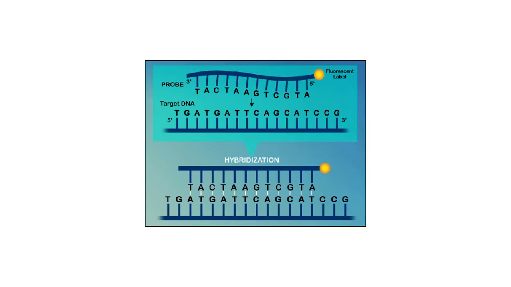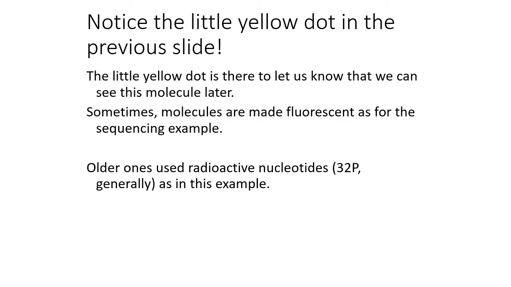We're going to get our target DNA and mix it with our probe, and the probe is going to find its complement in the solution or on a filter and hybridize to it, and then we'll be able to see where it went by looking for the fluorescence or radioactivity, depending on the test. The little yellow dot indicates that the molecule has been tagged, so we can observe it.